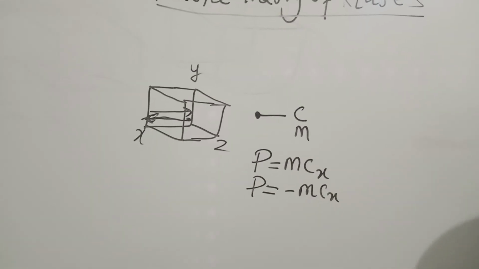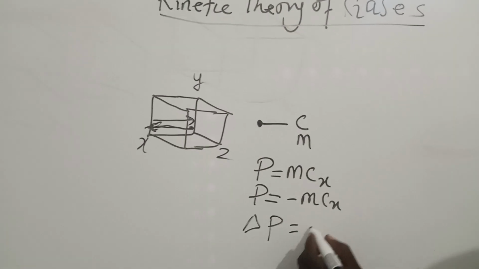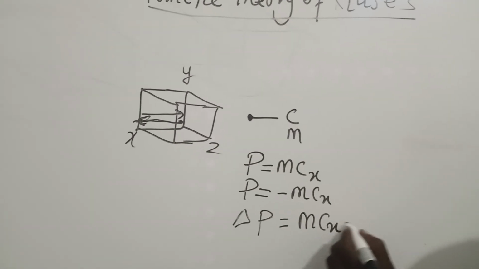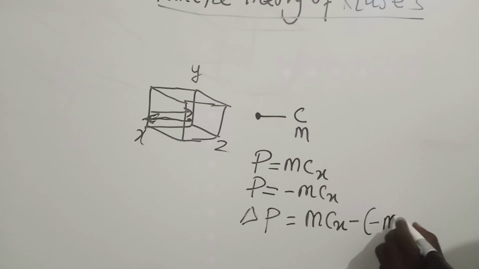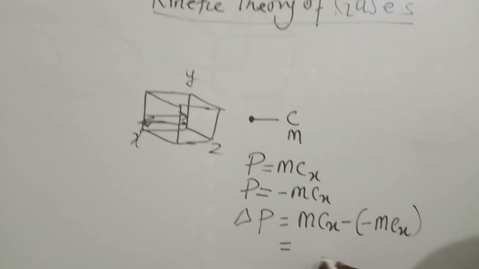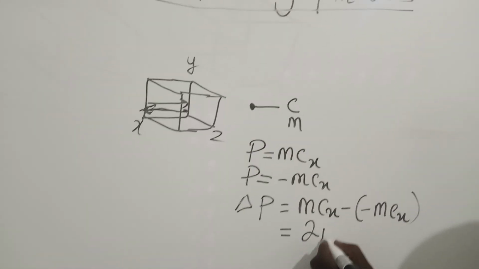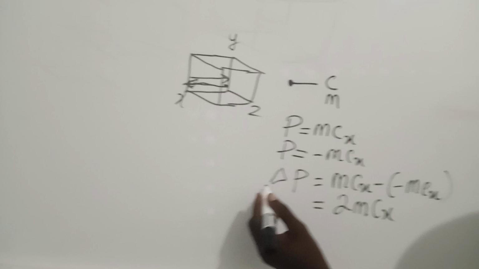To get the change of momentum, we say it is equal to mcx minus, open bracket, minus mcx. Minus times minus is plus, so we end up with 2mcx. This is the change in momentum.